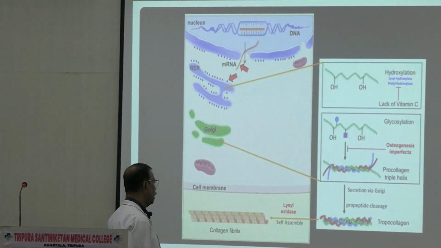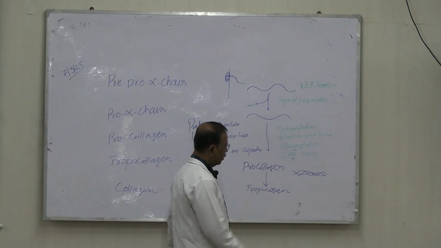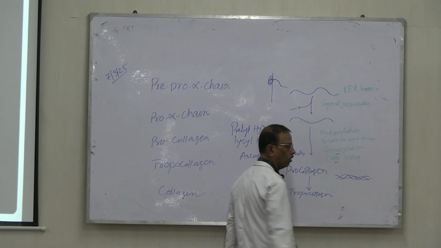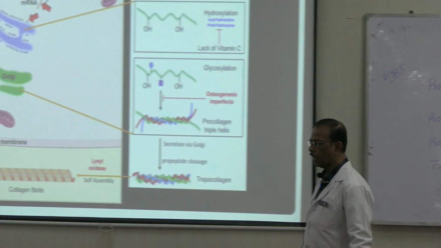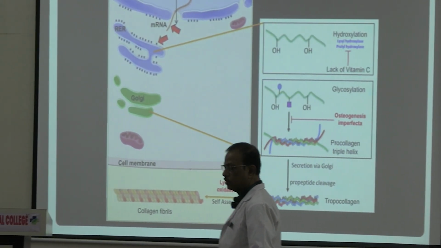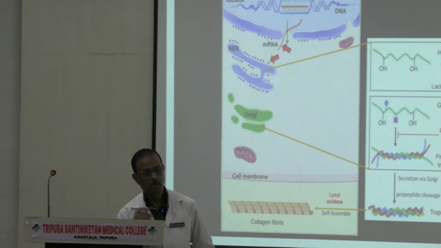Now just see that both ends of the triple helix are a bit bulged due to the excess cysteine-containing amino acids.